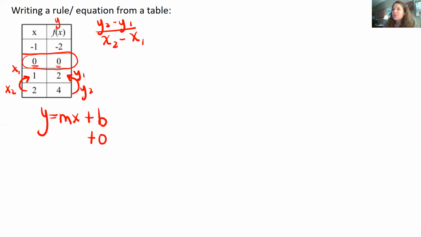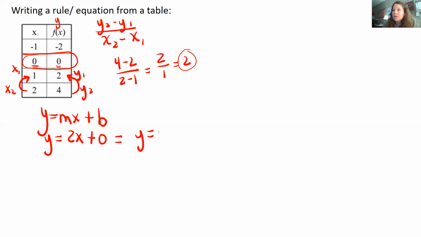So my change in y would be 4 minus 2, and my change in x would be 2 minus 1. So 4 minus 2 is 2, 2 minus 1 is 1, and 2 divided by 1 is 2. So that's my rate of change or my slope. So my equation is y equals 2x plus 0. And really, we'd never write plus 0. So our whole equation would be y equals 2x.